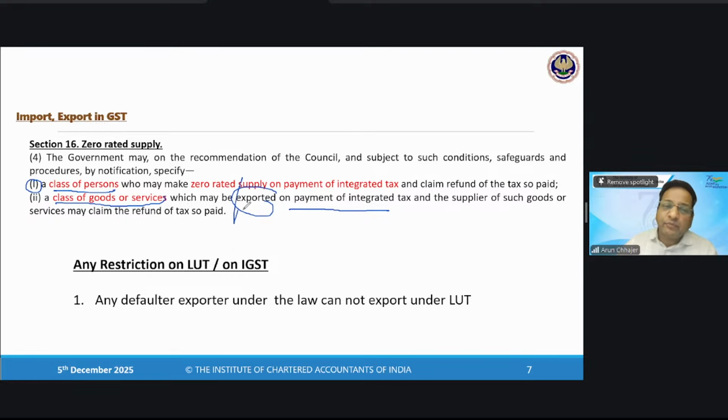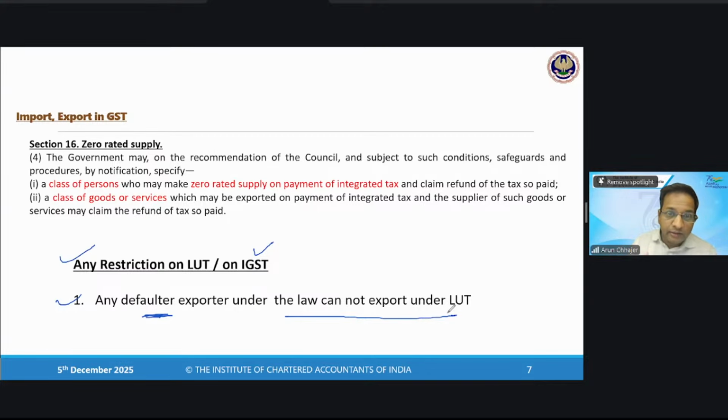They will specify by notification some class of goods or some class of persons who can do so. Now tell me, any restriction on LUT on payment of IGST? One, we have already discussed that a defaulter exporter under the law cannot export under LUT.